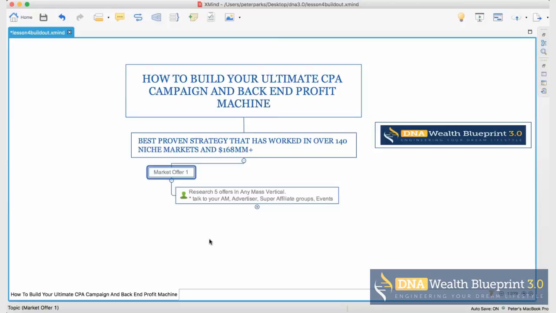There's groups of super affiliates that you merge with on Skype and not on social media, because the real giant players don't play on social media. And then obviously you've got to go to the events. The culmination of that is you're going to be getting very specific intel depending on the type of offers or verticals that you want to get into. You're going to understand and know where to push forward. So let me go through this.